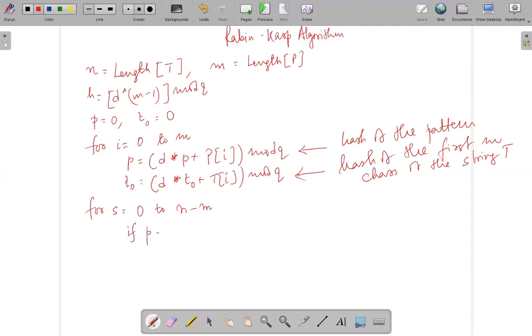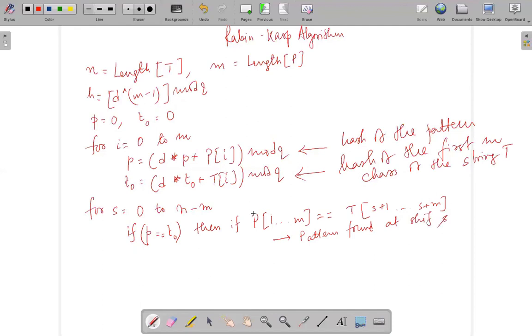If p is equal to ts, if this is true, then if P[1..m] is equal to T[s+1..s+m], we trigger pattern found at shift s.